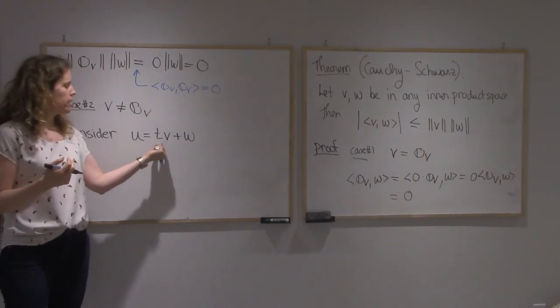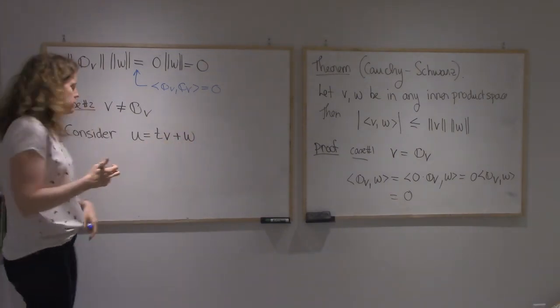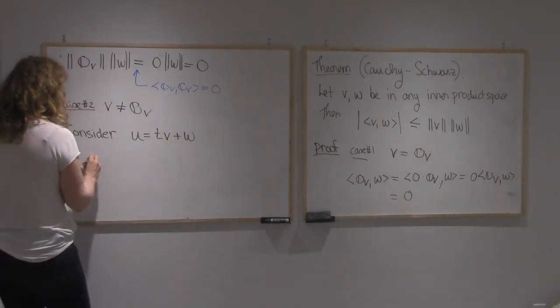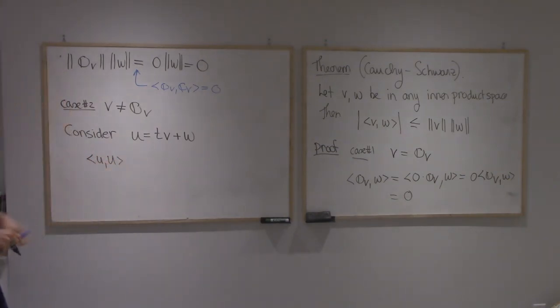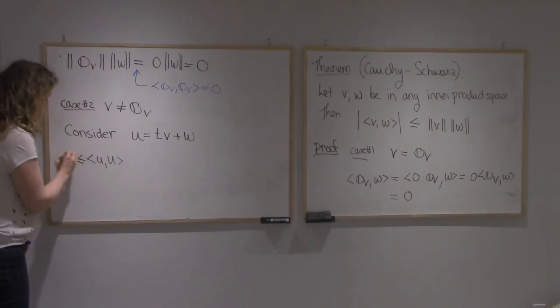For any real number T, this will be an element of V, so I'm going to look at ⟨u, u⟩. For any value of T, this needs to be bigger or equal to 0.